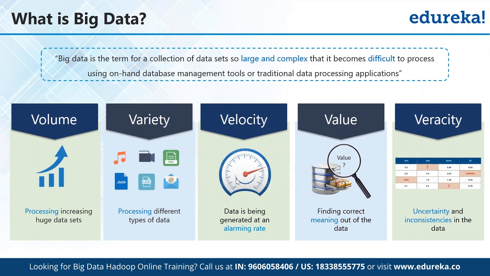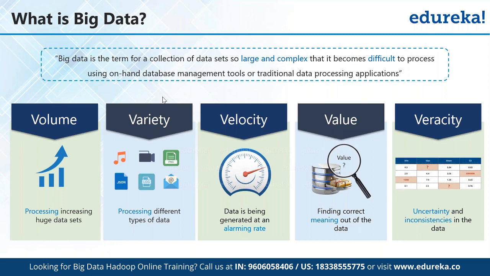Then velocity, we are talking about huge velocities here. Velocity in the sense of the rate at which data is getting generated. JSON is a data format, like you have key-value kind of data. So velocity is the rate at which data is getting generated. For example, take real-time data processing.